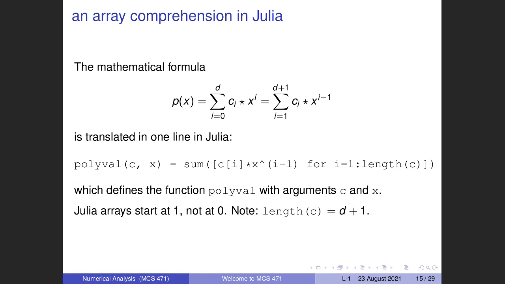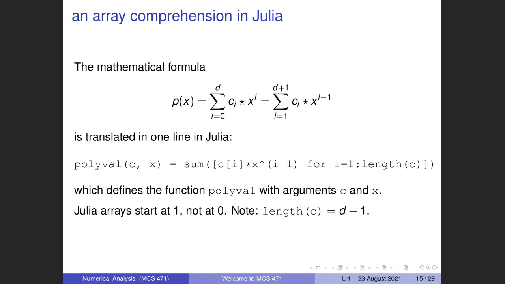And here is a little bit of critique on Julia. All arrays must start at 1, not at 0. In Python and in C and C++, we start at 0, which in the context of polynomials is actually better. But it has been chosen that all arrays in Julia start at 1.